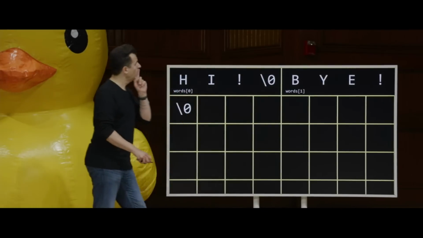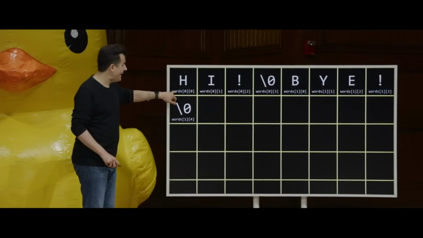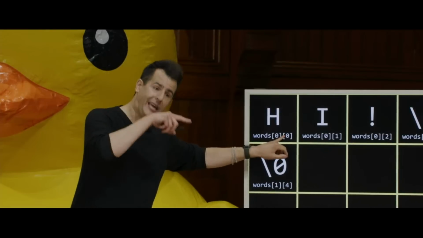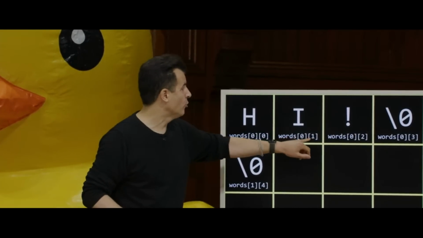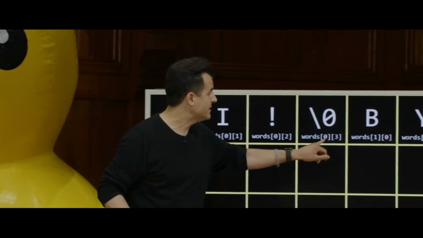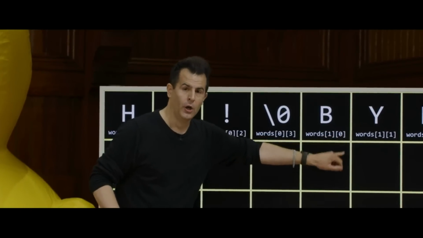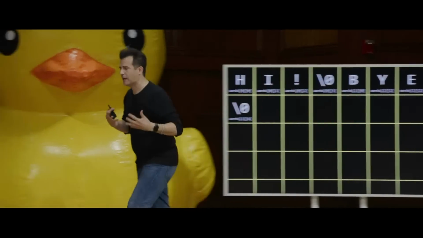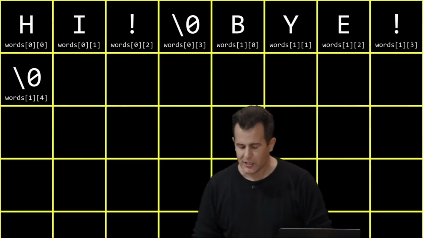And so you can also think of it like this, where this H is words bracket 0 bracket 0. So the 0th character of the 0th word. And this is words bracket 0, 1, words bracket 0, 2, words bracket 0, 3, and then words bracket 1, 0. So it's kind of like a two-dimensional array almost. And you can think about it that way if helpful. But for now, it's just applying the same principles to the code.